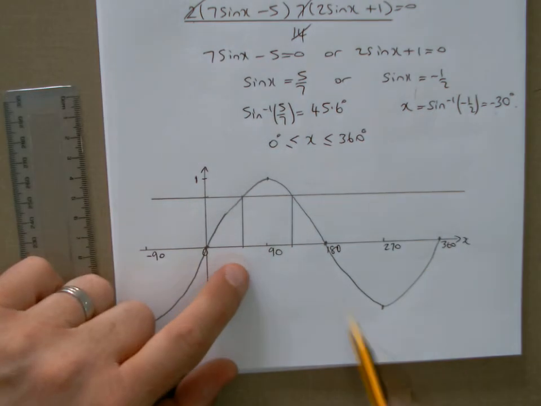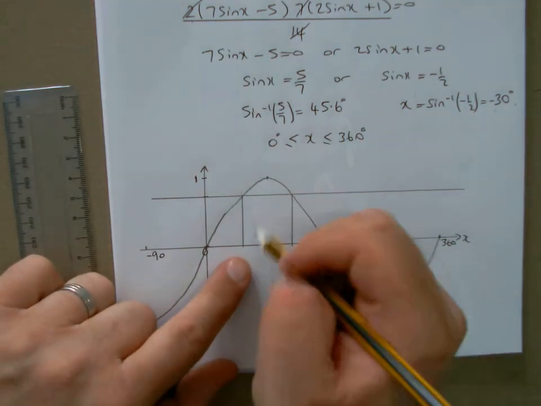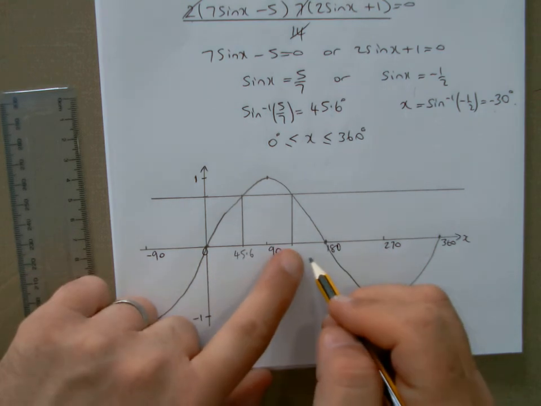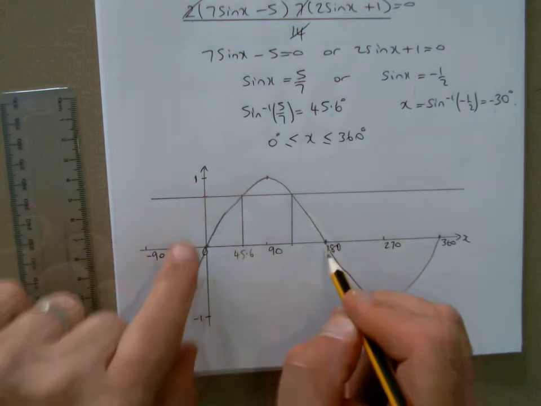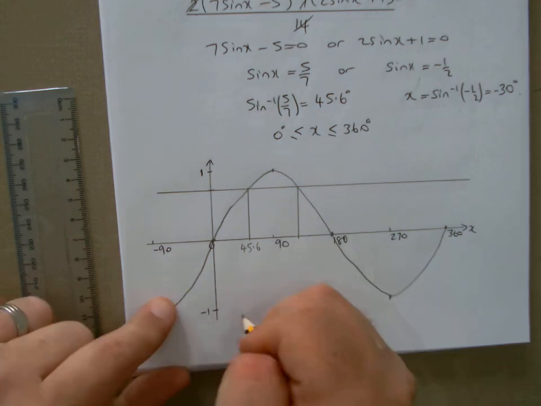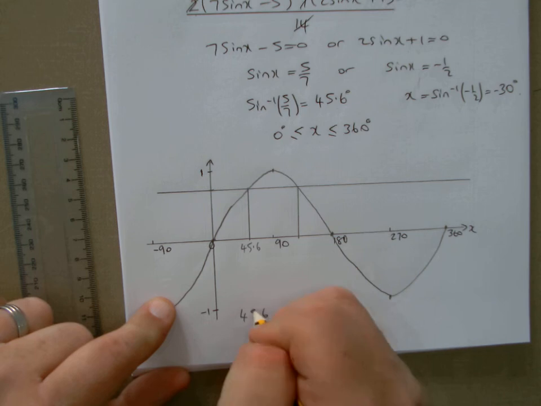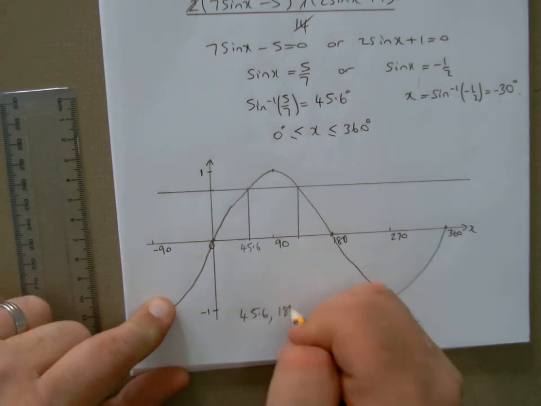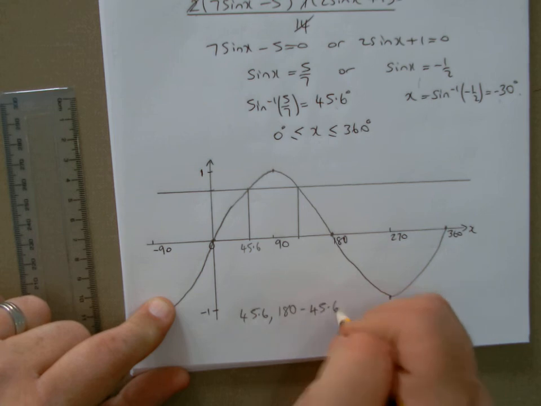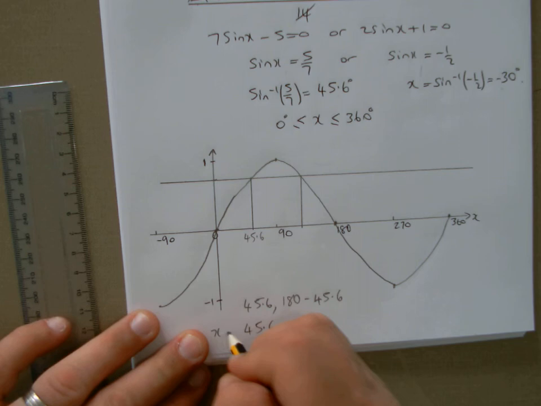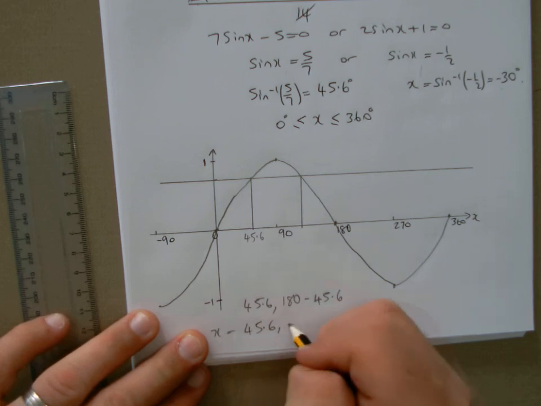The first point is my solution there, 45.6. The other point will be the other solution. Because it's symmetrical, you've gone across 45.6 there, you're going back 45.6 there. So the second solution is going back 45.6 from 180.